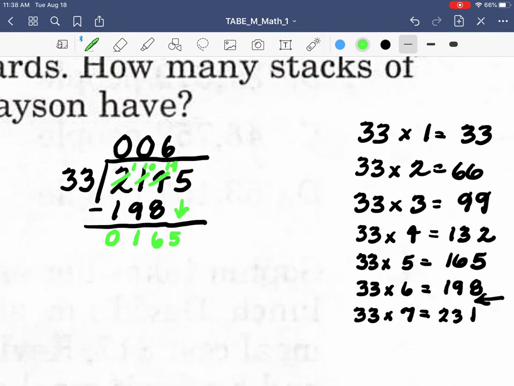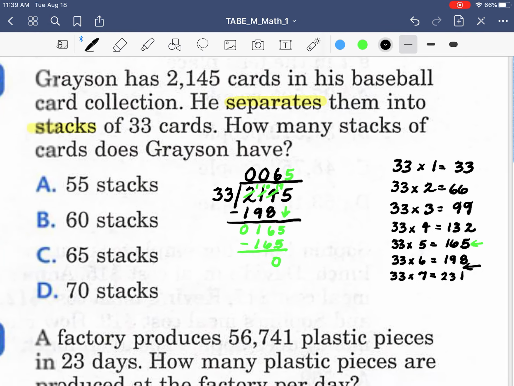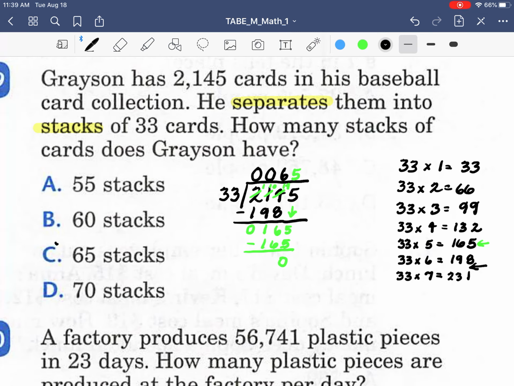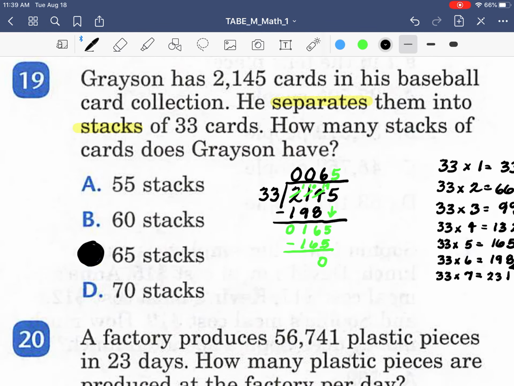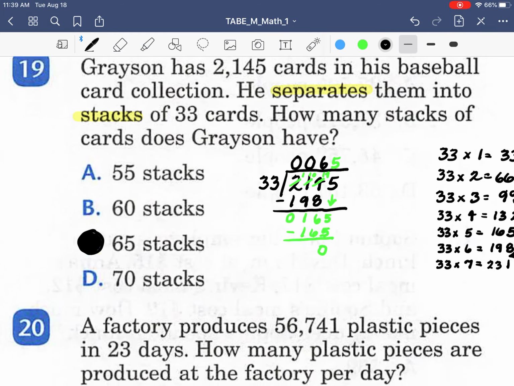So 33 into 165 is exactly 5 times. And that is 0 left over. So he will have a lot of stacks. 65 stacks of cards. So the answer to number 19 is C.